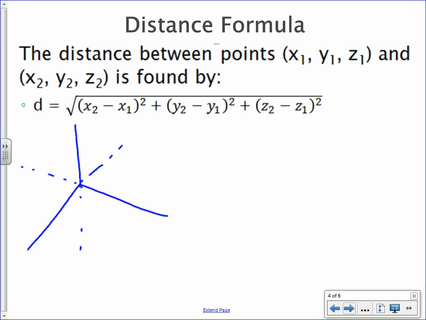So if we measure from here to here, right below, if we don't change heights, I go to a point right below Jonathan's point. We're just in the XY plane.